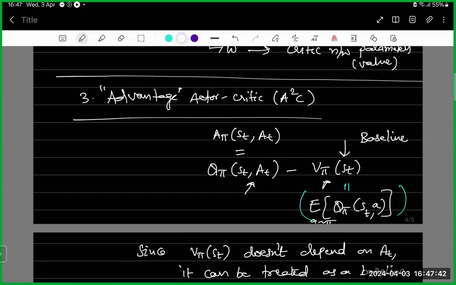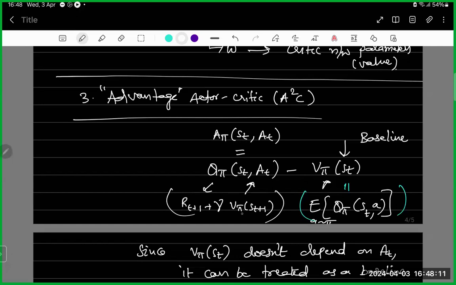This is roughly based on what is called the TD error. If you look at this, you can write QPy as RT plus 1 plus gamma times VPy of ST plus 1, right? If you look at it, then if you just maintain even VPy, you can calculate this roughly.